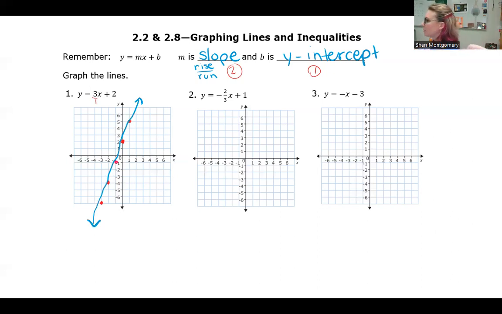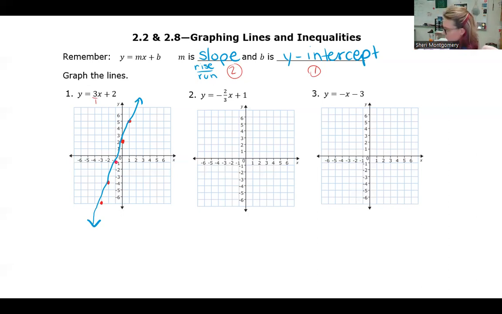Again, don't judge me because mine is really hard to do like this. But you're going to draw a nice, beautiful line through those points. And what's really important, and you might want to make yourself a little note, don't forget the arrows. You need to put an arrow on both sides.